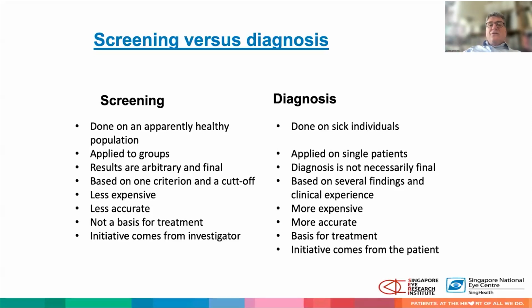This is totally different in screening. And there are major differences between screening and diagnosis. Screening is done on an apparently healthy population. Diagnosis is done in sick individuals. Screening is applied to groups. Diagnosis is applied on single patients.